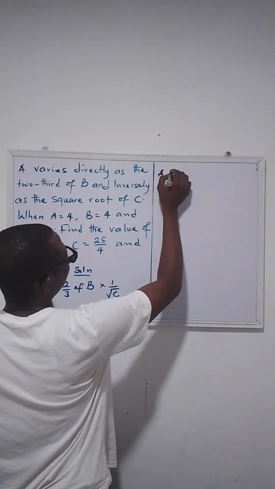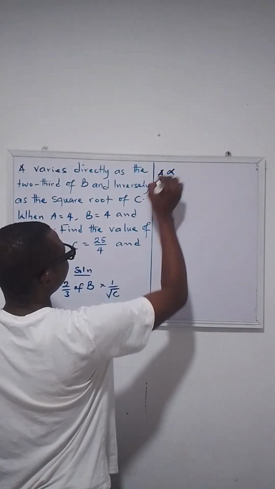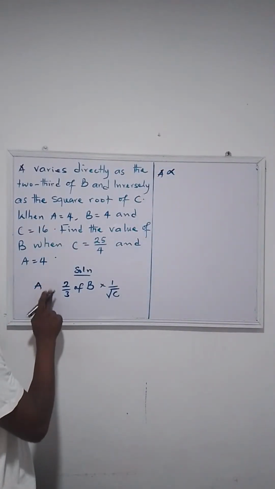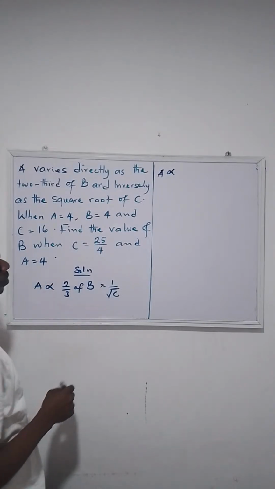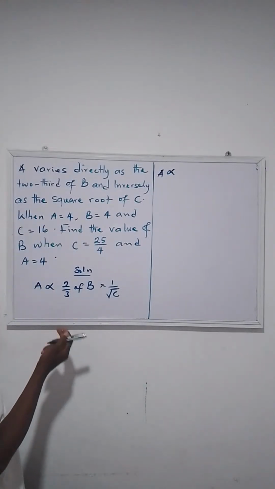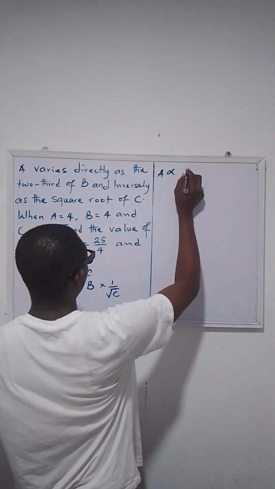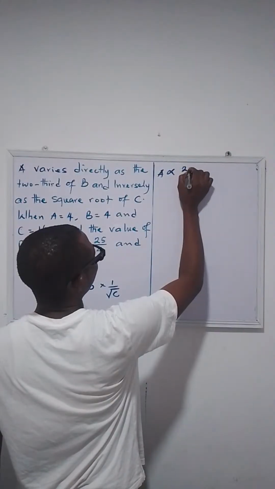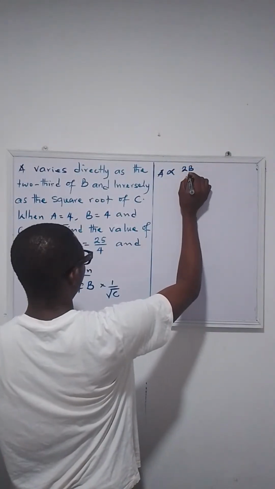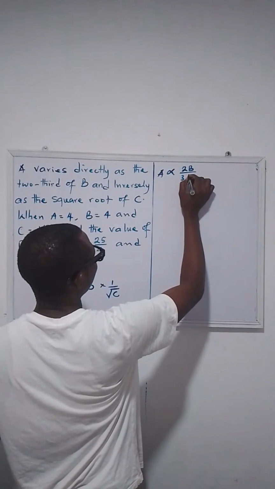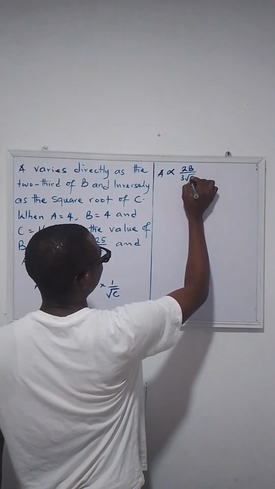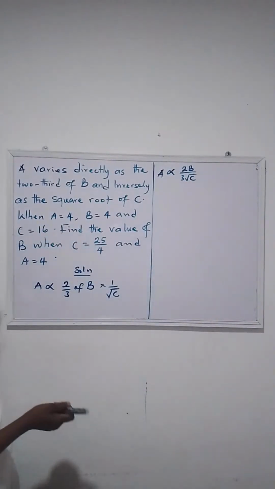You have A varies. Let's skip the equality sign and use the variation sign because it's joint variation now. So we have 2B over 3 square root of C. That is what you have.